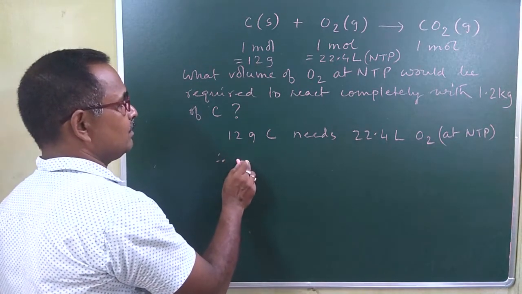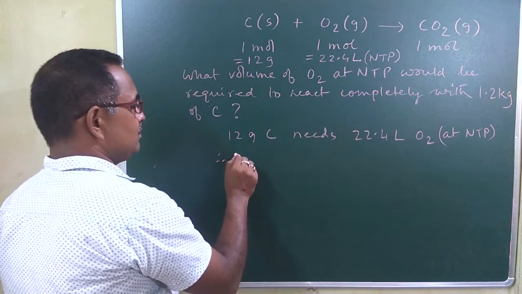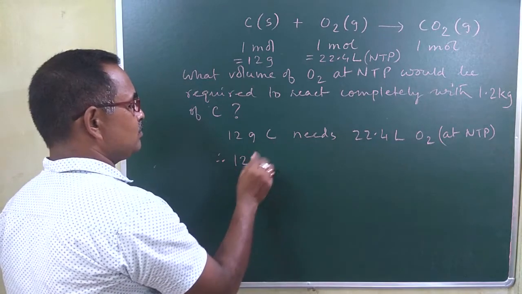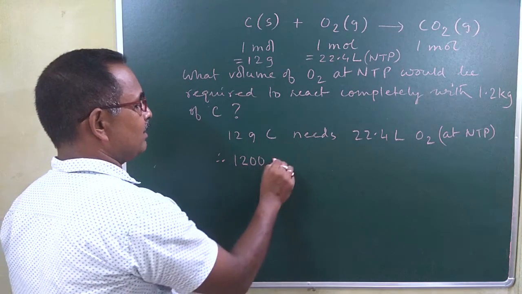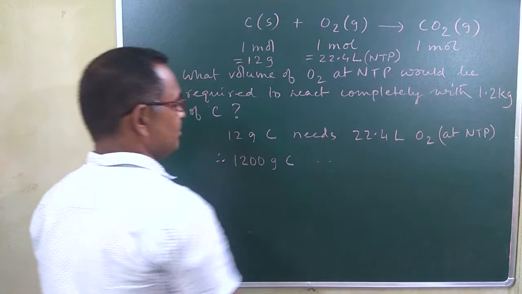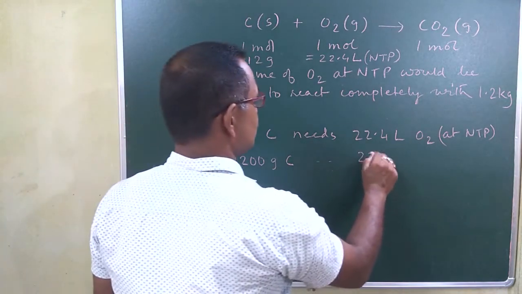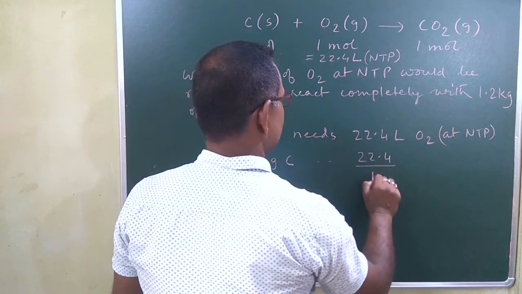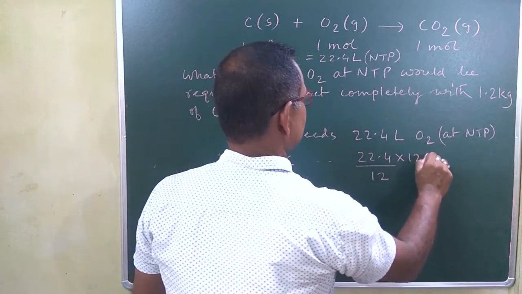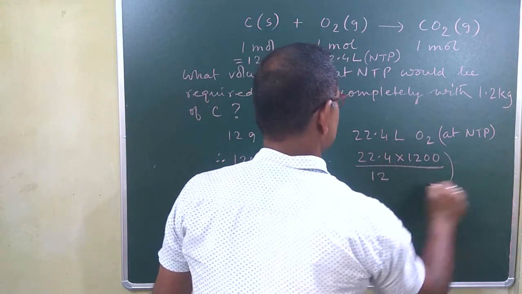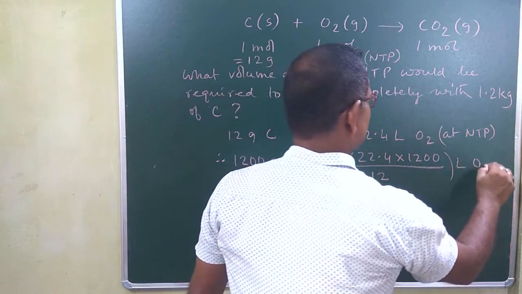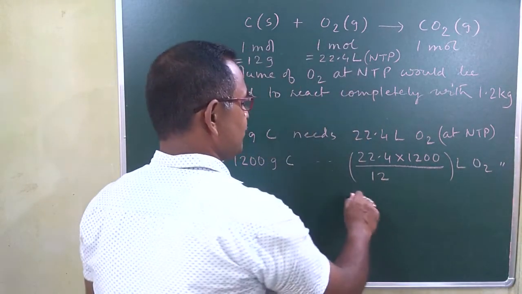Therefore, how many grams? 1.2 kg means 1200 gram. This much carbon needs 22.4 divided by 12 multiplied by 1200 liter oxygen at NTP. Okay.